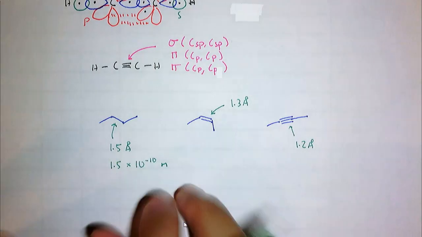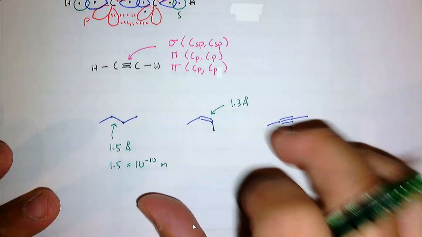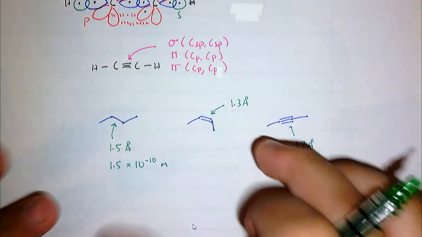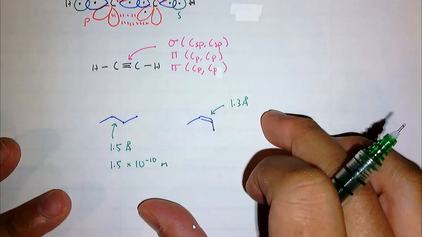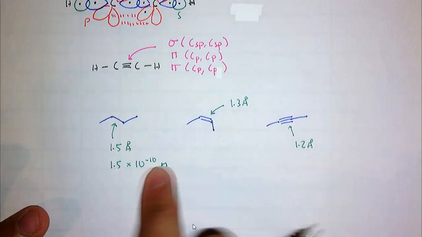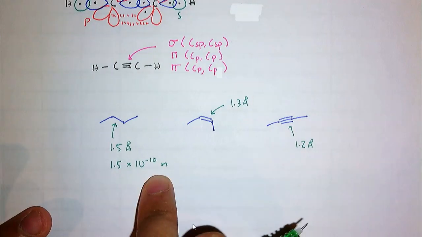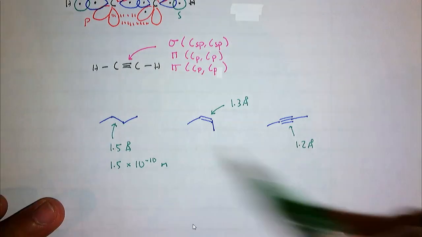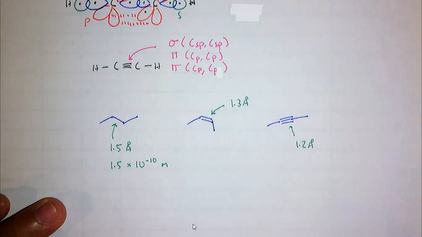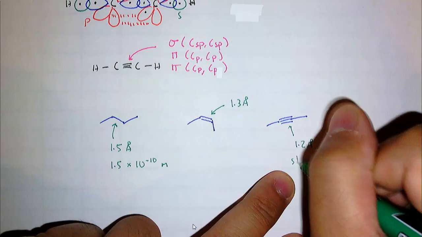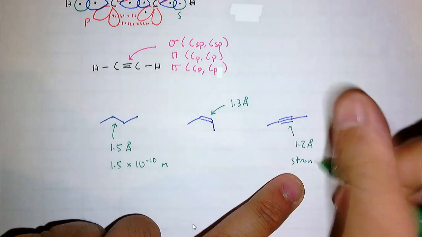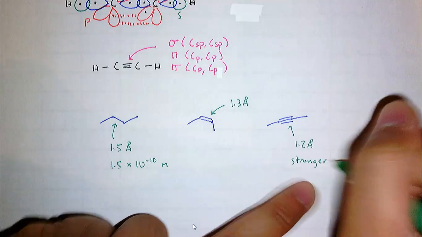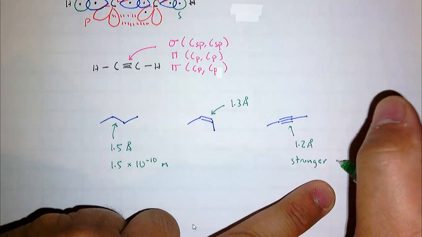It's still just a good idea to realize the relative size of these bonds in terms of meters or angstroms. Bond strength, I'm not going to give you any numbers, but triple bonds are stronger than double bonds, and those are stronger than single bonds.